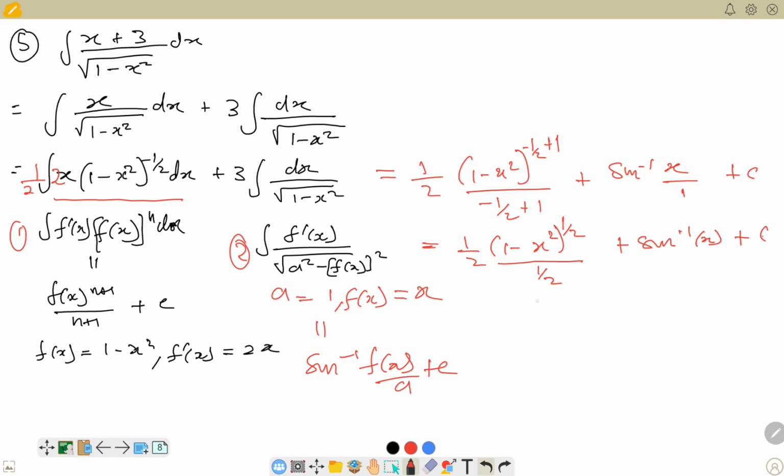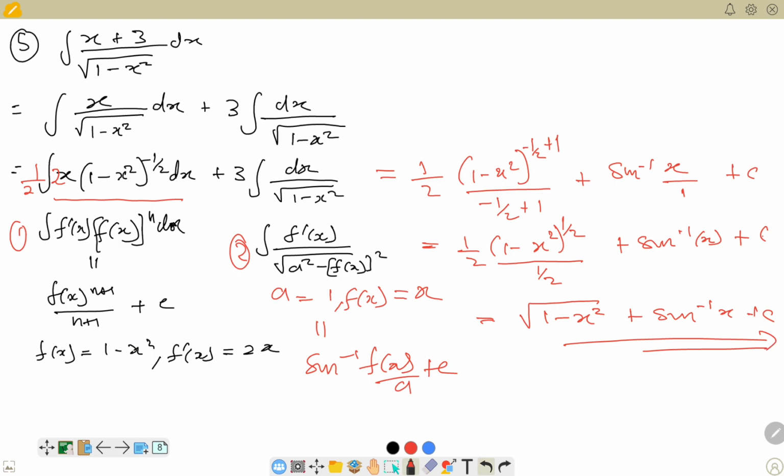So a half divided by half, we can see that it's actually 1. It's the same as if we take the 2 up, it will divide with the 2. So this side here we will be left with the square root of 1 minus x squared, then plus arcsine x plus c.